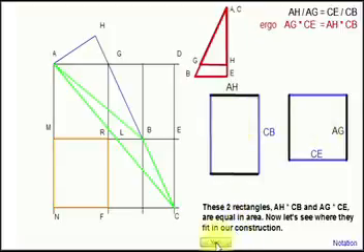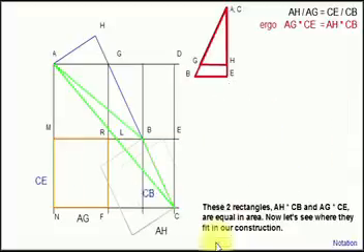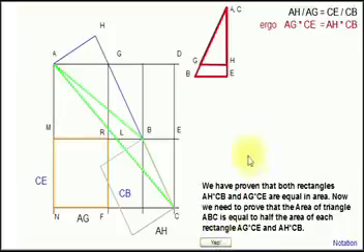Okay, and now we're going to look in the next step where they fit in our little construction here. And you see that the rectangle AG-CE is exactly our rectangle MRFN, and the other rectangle, namely AH and CB, is basically this one being attached to the line CB of the lower triangle.